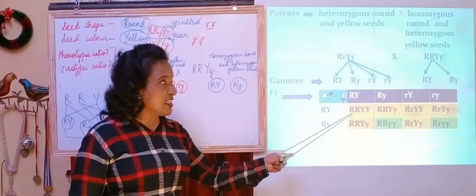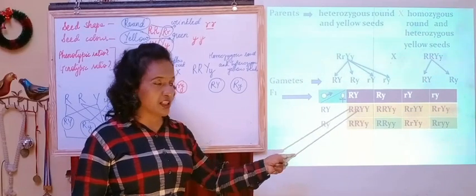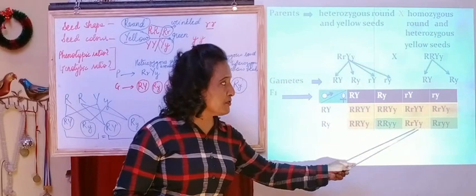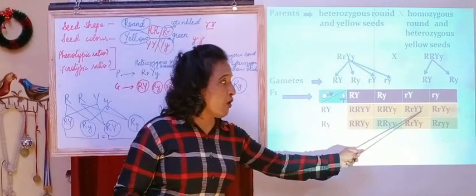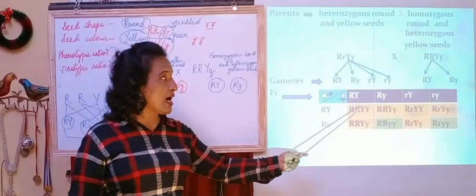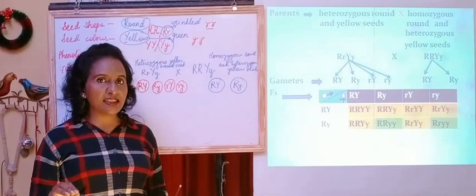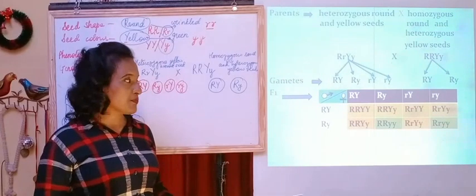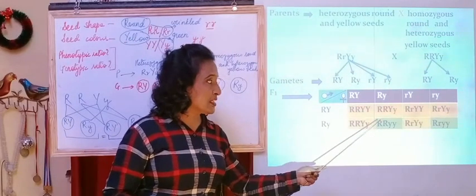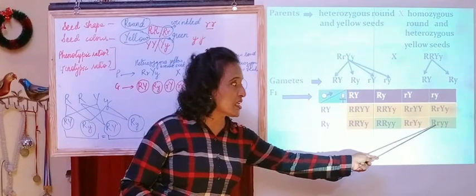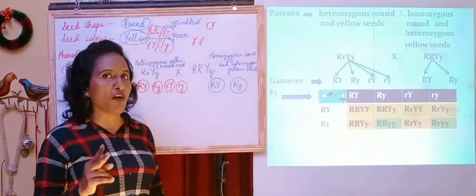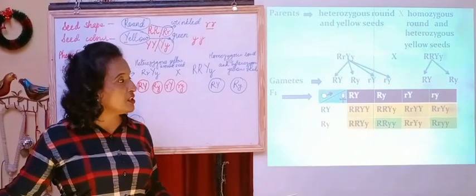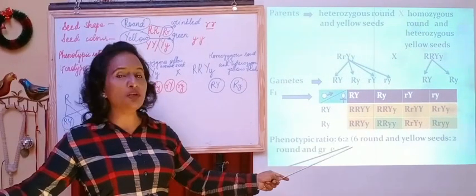So if we see here, capital R, capital Y, here also there is capital R, capital Y. Likewise, there are altogether 6 offspring with capital R and capital Y, which indicates that there are 6 offspring with round and yellow seeded plants, right? Whereas there are 2 with capital R, small y. Here also there is capital R, small y. That means there are 2 offspring with round and green seeded plants. So the phenotypic ratio would be 6:2.